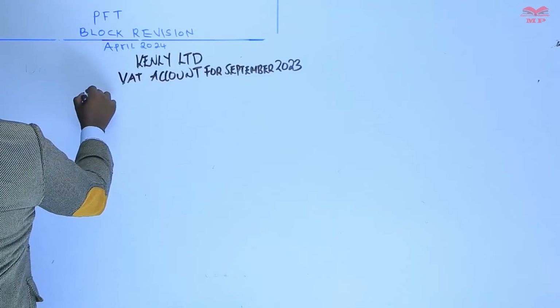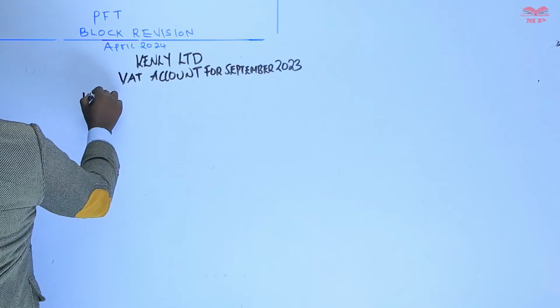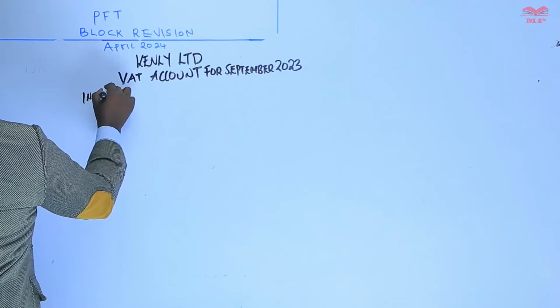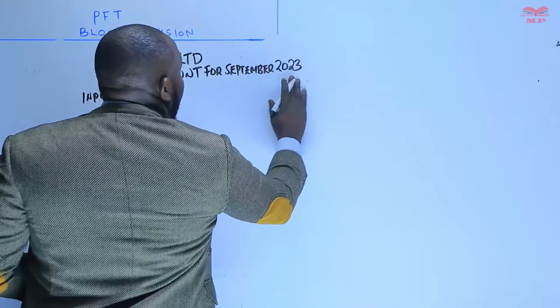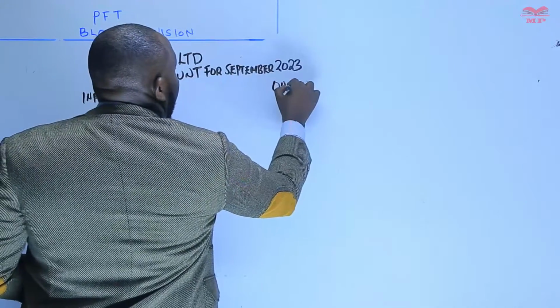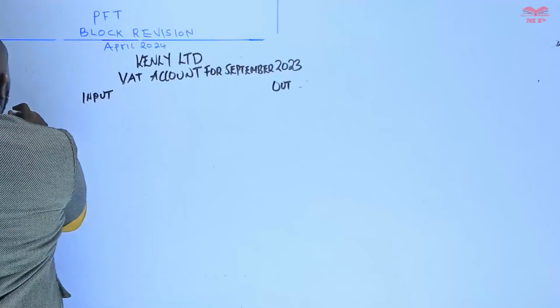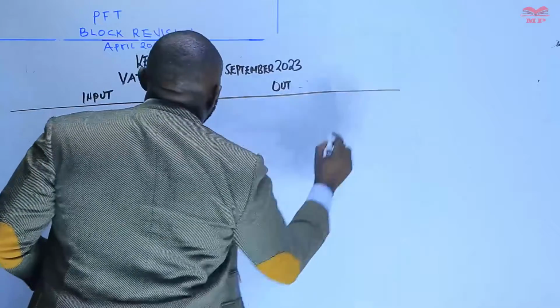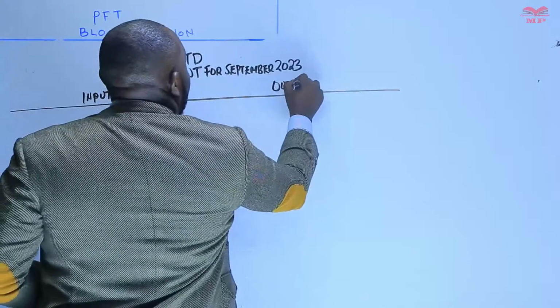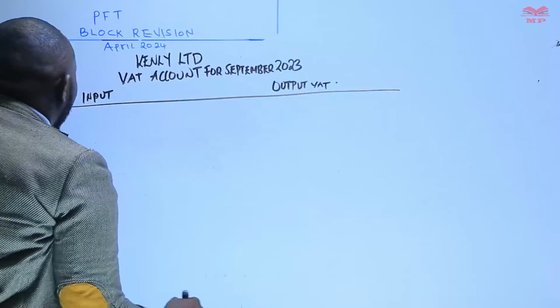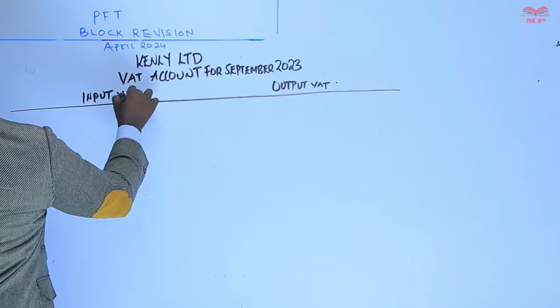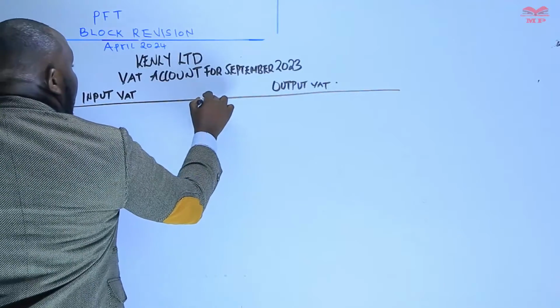So we have what we call input, and then we have the output on this other end. So we have the output VAT, and then we have the input VAT.